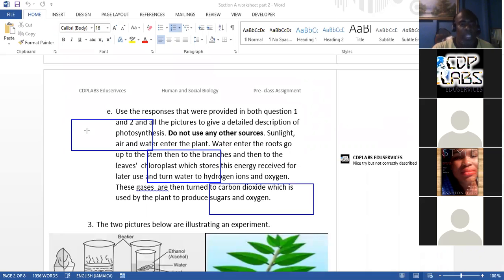Whatever event happened in step 1, you write it out. The next event, you write it out. Next event, you write it out. So when you put everything together now, it will actually flow. Understand, Nicole? Nicole, do you understand? Yes. Okay, thank you, ma'am.